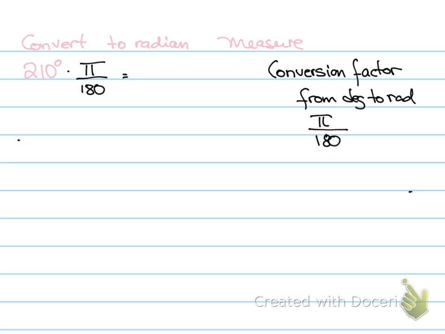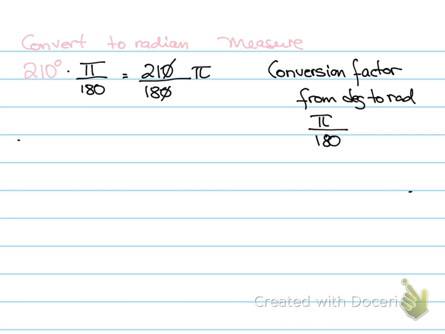Now your angles in radians need to be written in terms of pi, so we're going to leave the pi, but what we have is 210 over 180 pi, and we're going to reduce. First of all, we're reducing by 10 and crossing out the zeros.